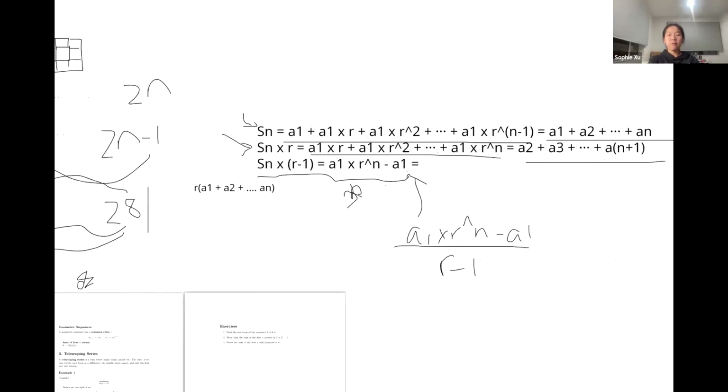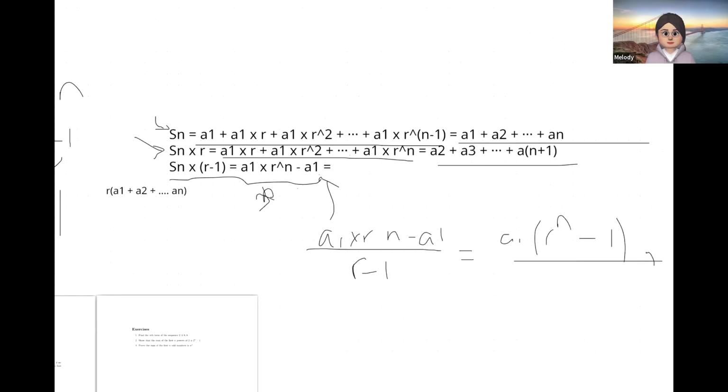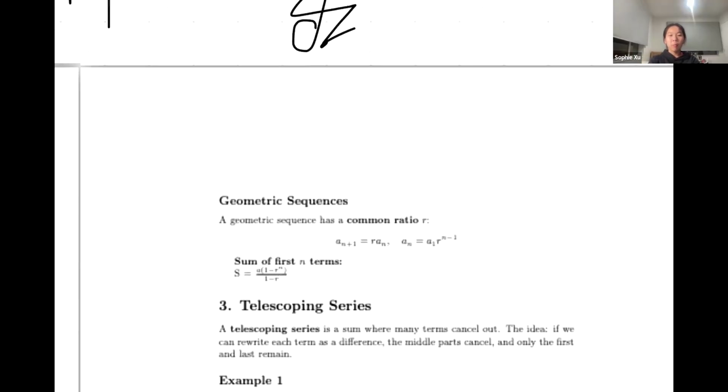In this you can also factor out the an, right? So this also turns into a1 times r to the power of n minus 1 over r. Yeah. So now you know how to prove this formula.